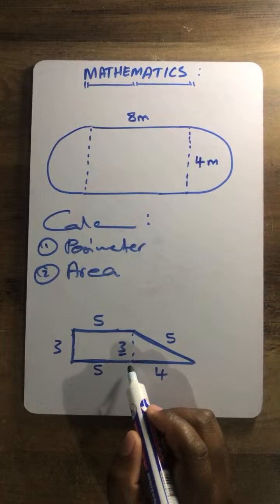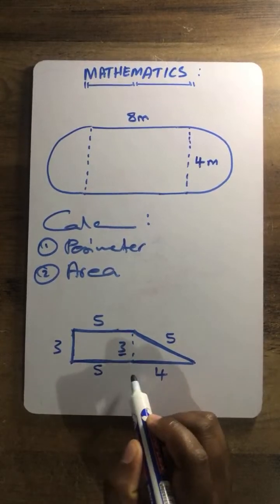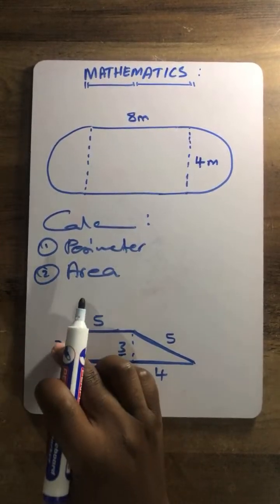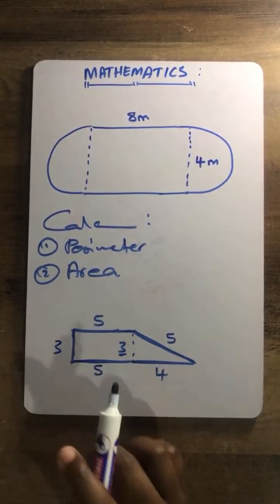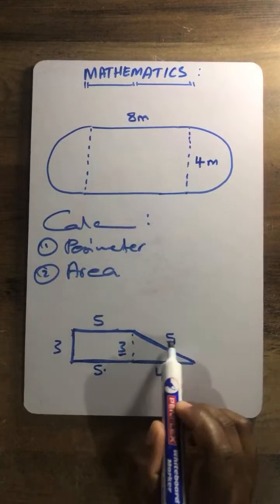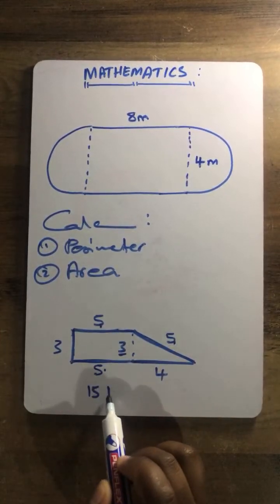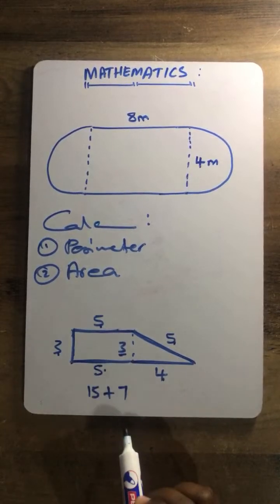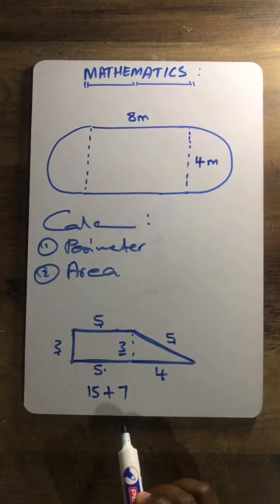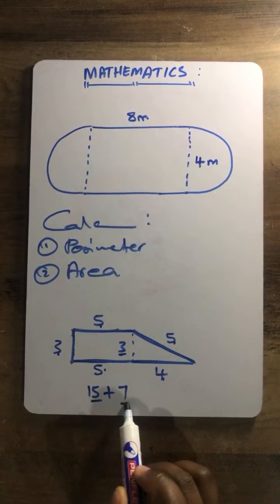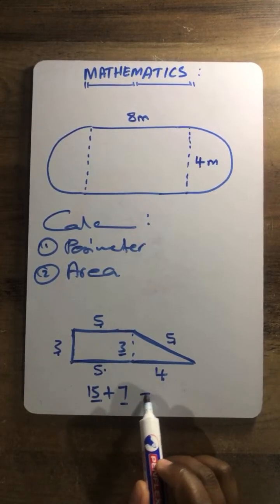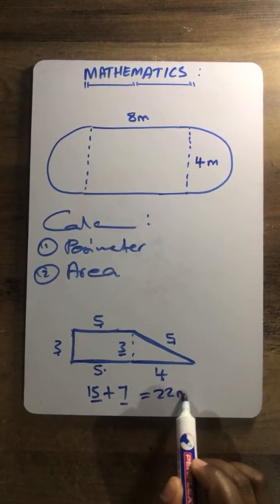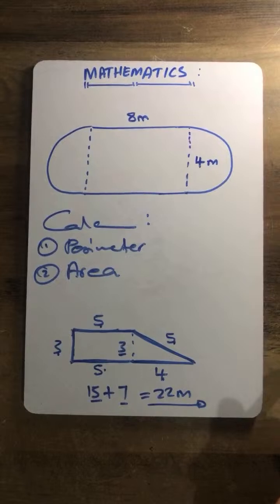So you only add the outside length, that is the perimeter, not the length inside. So 1, 2, 3, already it is 15, that you must plus it with that and that, which is 7. And then that plus that is, what is that? Is it not 22? Yes, I think this is 22. So that means this would be the perimeter, yes.